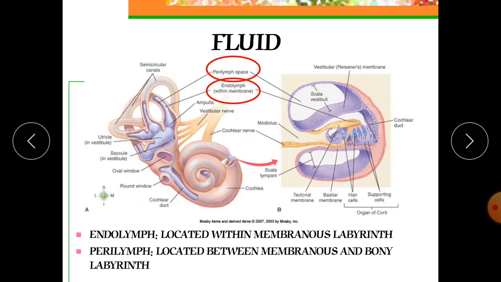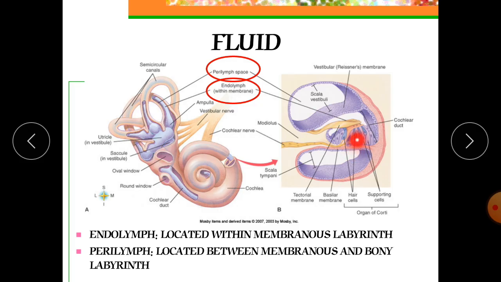The tectorial membrane, a flexible gelatinous membrane, covers the hair cells of the spiral organ, and in fact if you see the end of the stereocilia, the ends of the stereocilia of the hair cells are embedded in the tectorial membrane, while the bodies of hair cells rest on the basilar membrane.